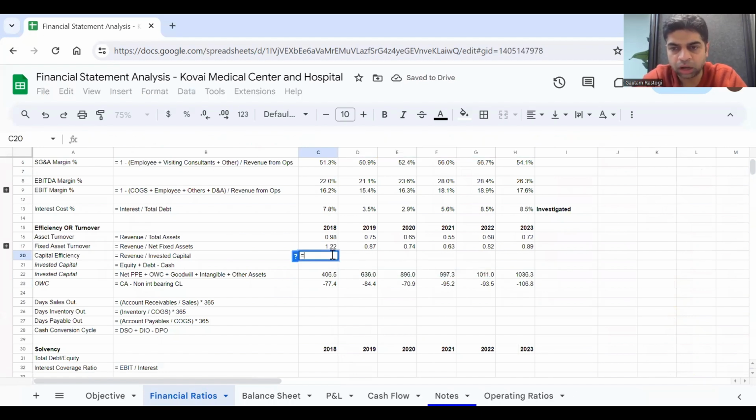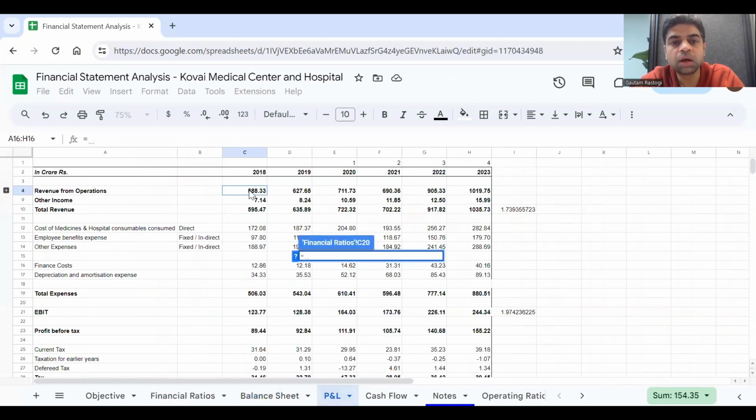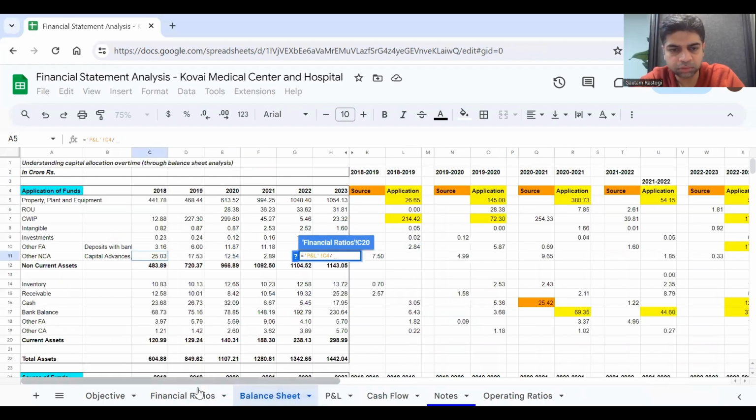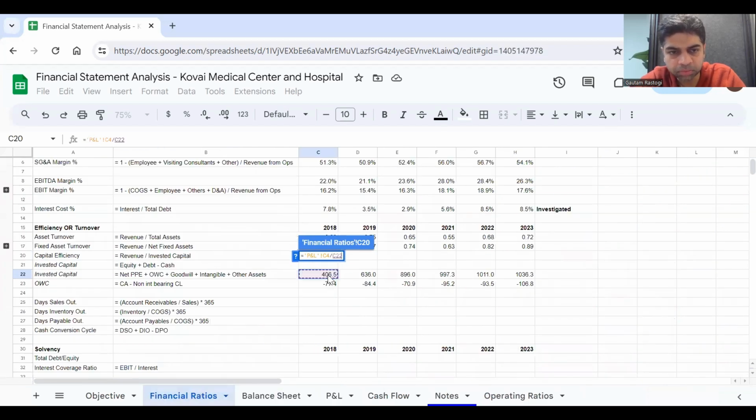Okay. Now let me estimate capital efficiency. How much sale I'm making per dollar of invested capital. That's what capital efficiency is. All right.